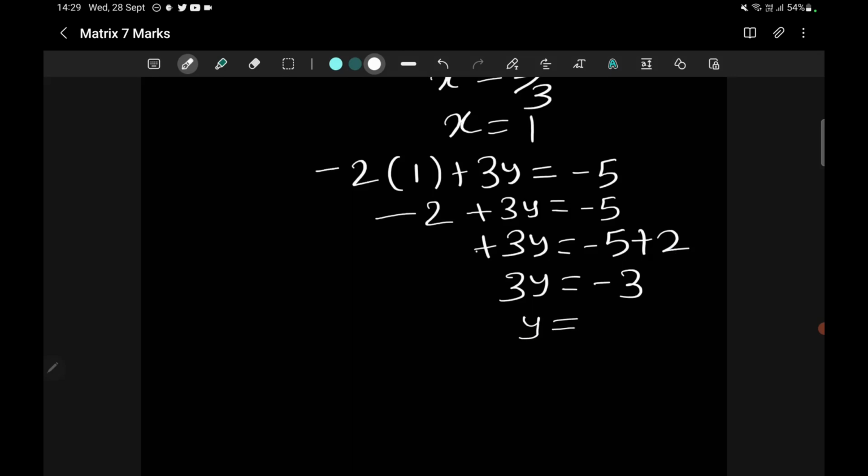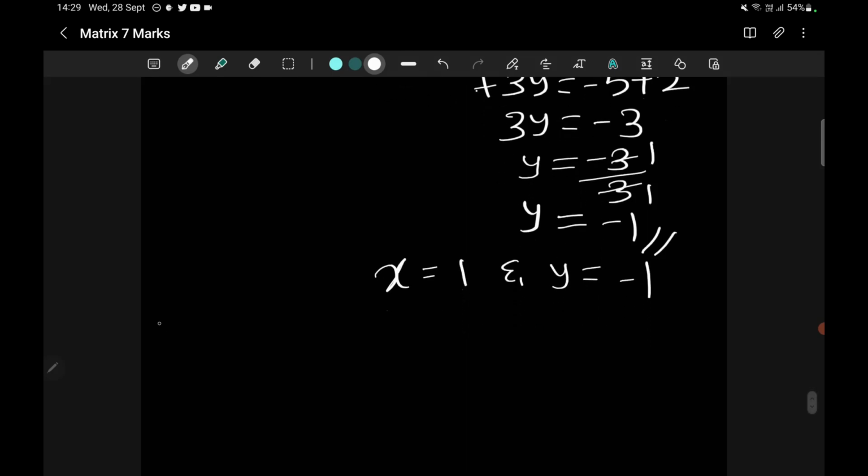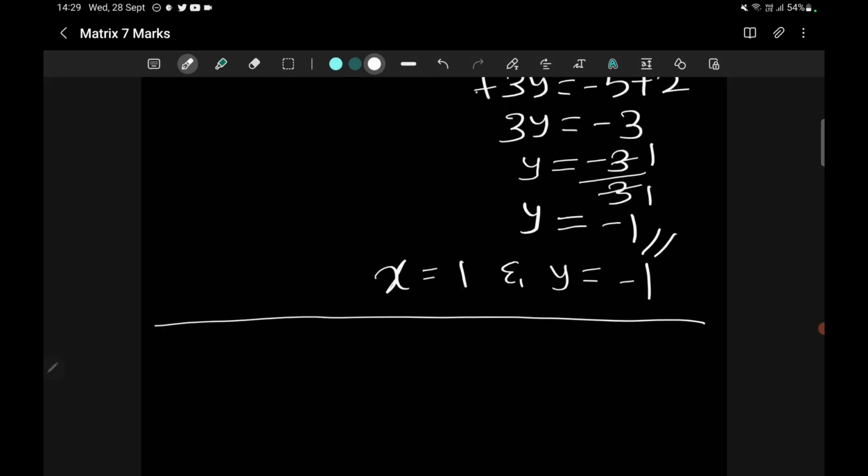Then we'll keep this y this side and take this 3 this side, so it will become -3 divided by 3. So y is equal to -1. Therefore, x is equal to 1 and y is equal to -1. This is how you can find the values for x and y.